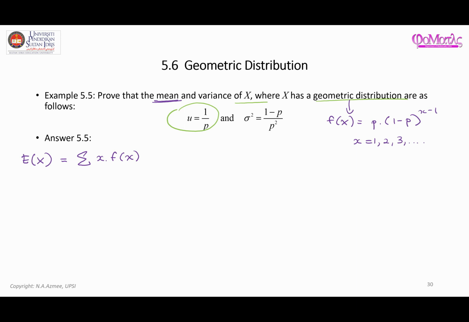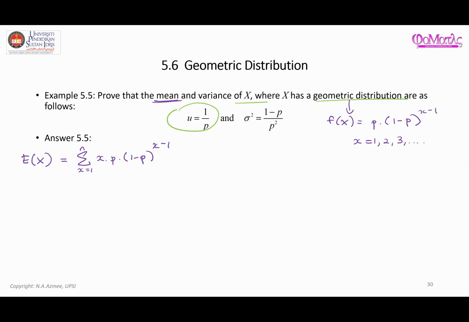Now, let us move on to defining the range of x here. Based on this, we can write down that x will begin from 1 until n. We can now replace f(x) with the probability function given there, which is p times (1 minus p) to the power of x minus 1.